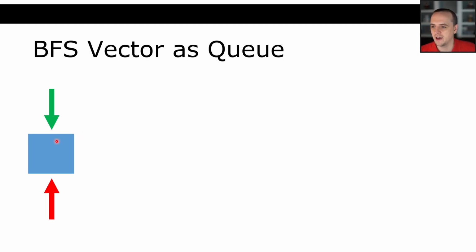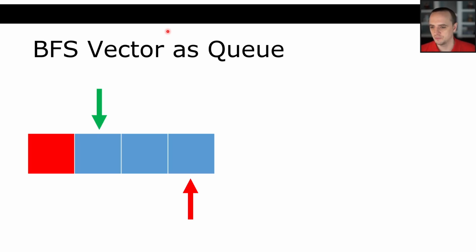So here we have a vector which currently has one thing in it, and we are going to push a bunch of things into that queue, and then we are going to want to delete the first element of that queue.